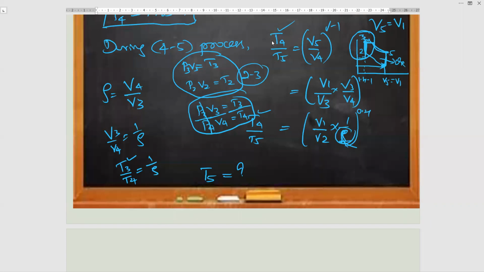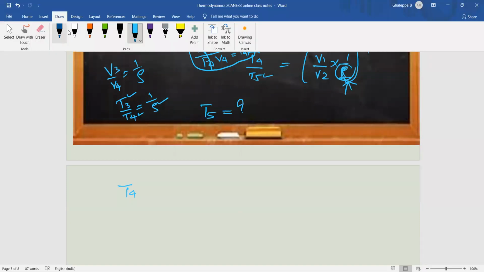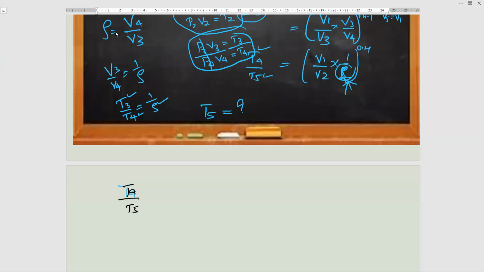Yes, students, here T3 is known, T4 is also known. Substitute here, calculate the cutoff ratio. Then calculate T5. T4 by T5 is equal to V1 by V2.